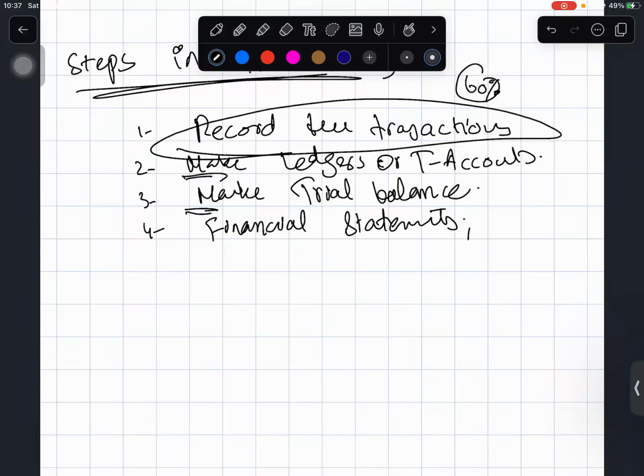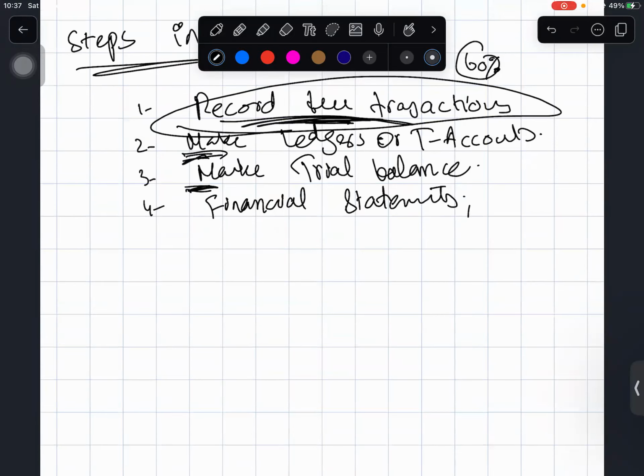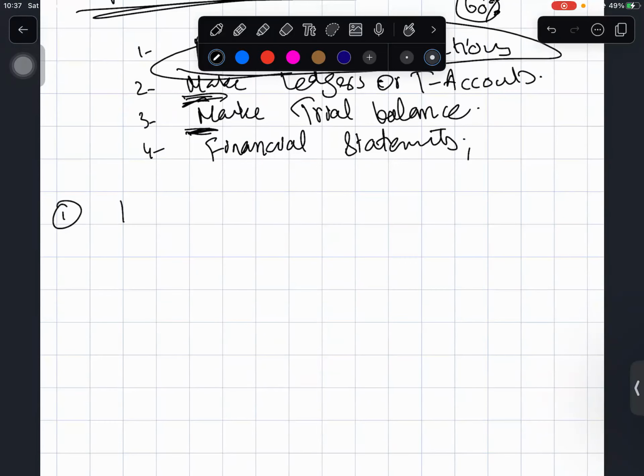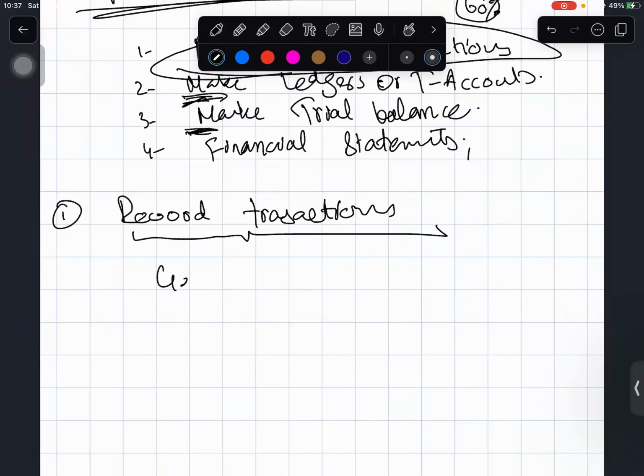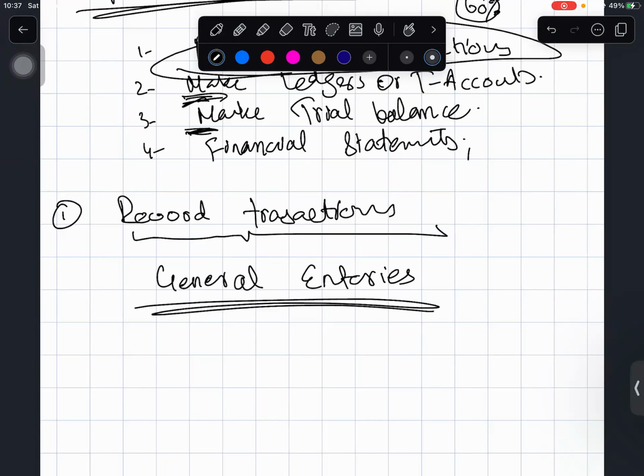Obviously, there are a few rules we need to follow and a few other things we will learn, but essentially they are just formatting steps. The main thing is that you record the transactions properly. And how do we record the transactions? We record them by doing journal entries, and that is what we will practice today.